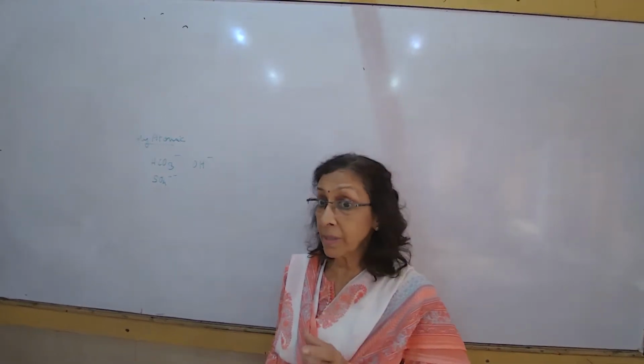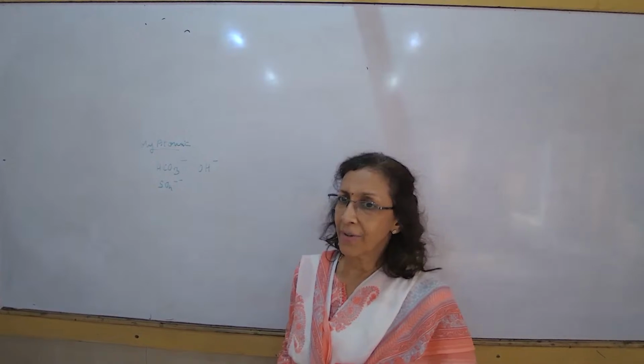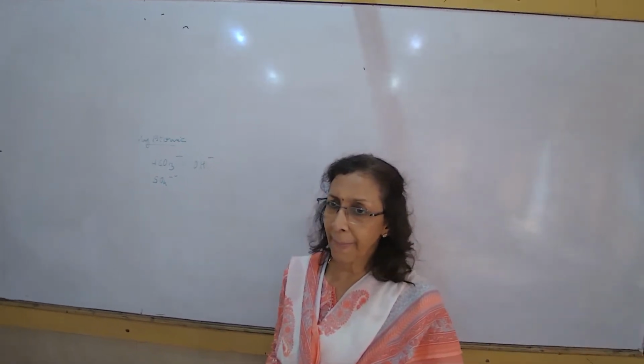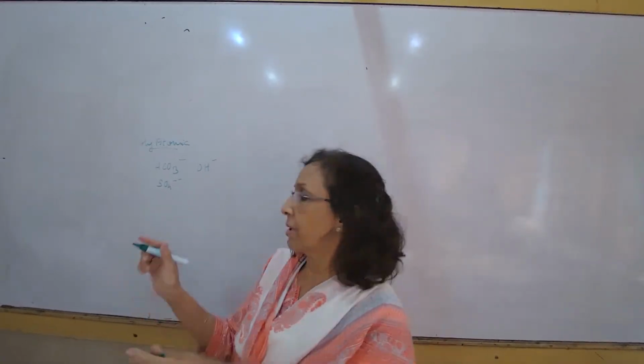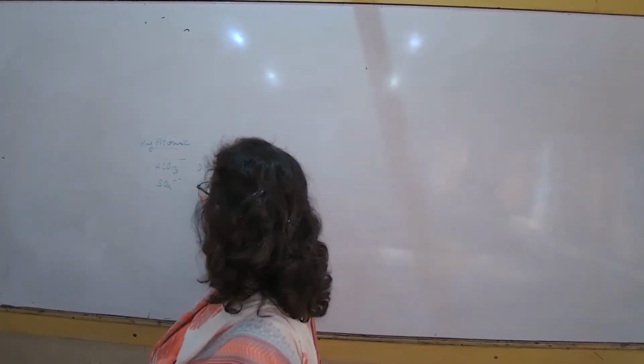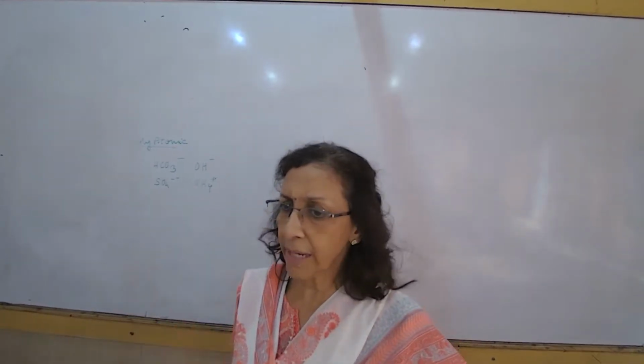Abhishek, give me one positive polyatomic ion. Ammonium chloride? Ammonium chloride is an entire compound, so we can just say it is ammonium. Write down, come on, quickly. This is question number 3: examples of polyatomic ions.